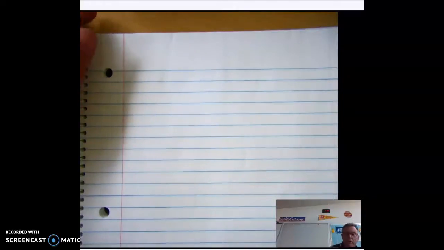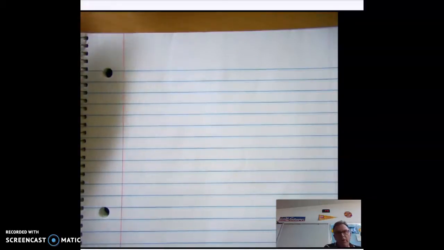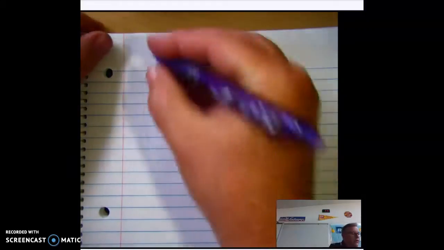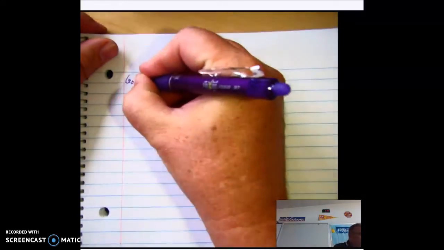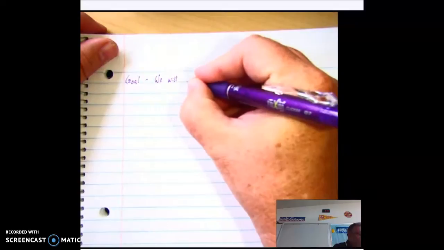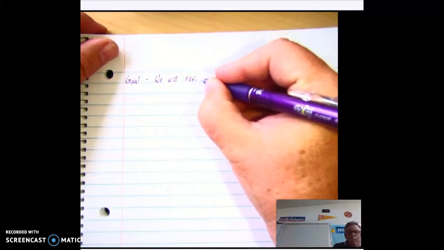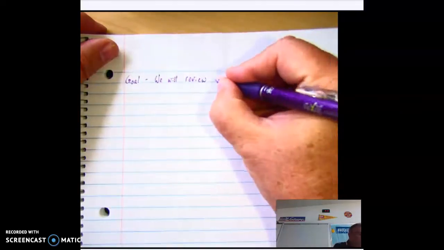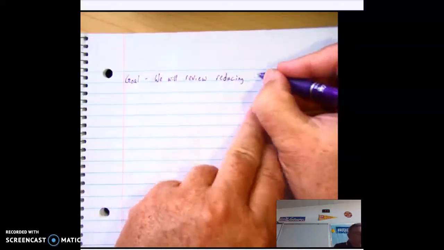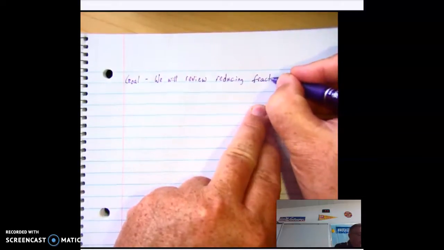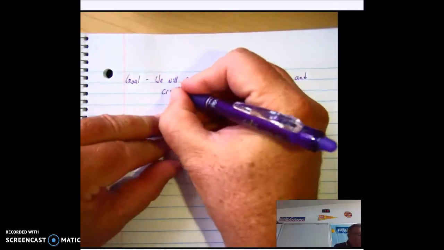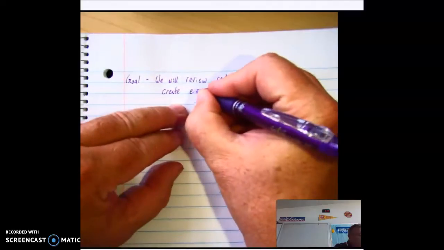So as we start our new unit, our new chapter, we want to hit on a couple ideas that we need to have a good grasp of before we even begin. So our goal for today, we will review reducing fractions and create equivalent fractions.